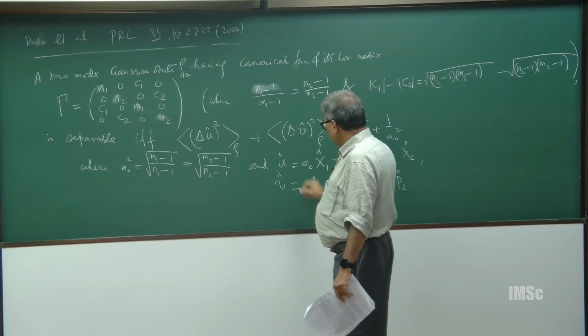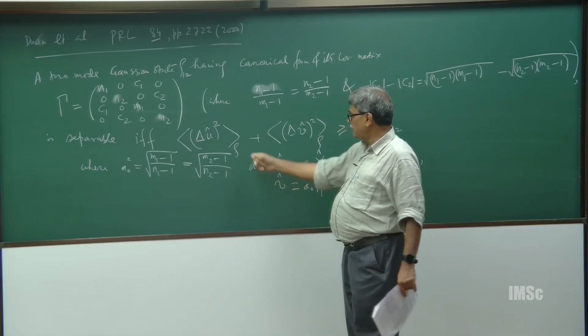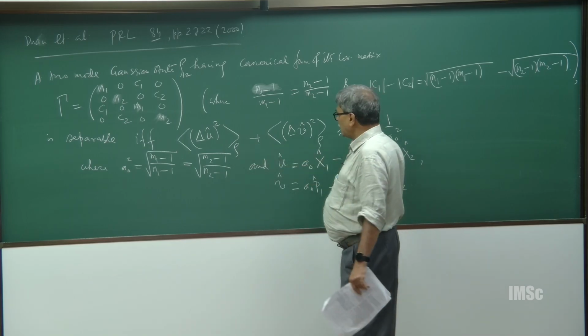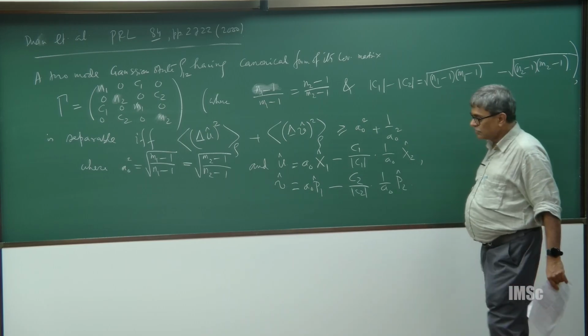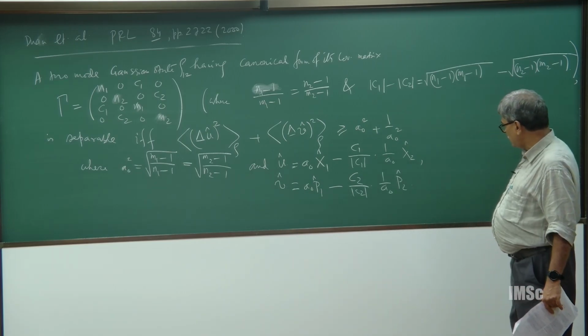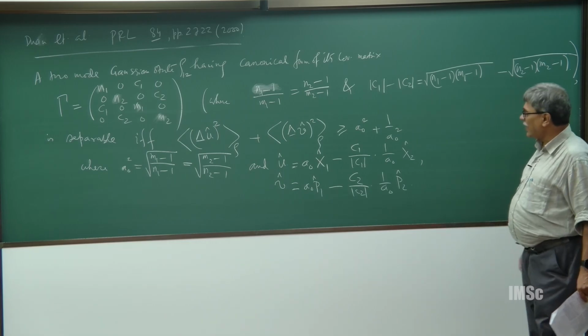These are sometimes called EPR operators, U and V. A naught, C1, C2 are in a sense scaling parameters to make the terms dimensionless. Exactly.